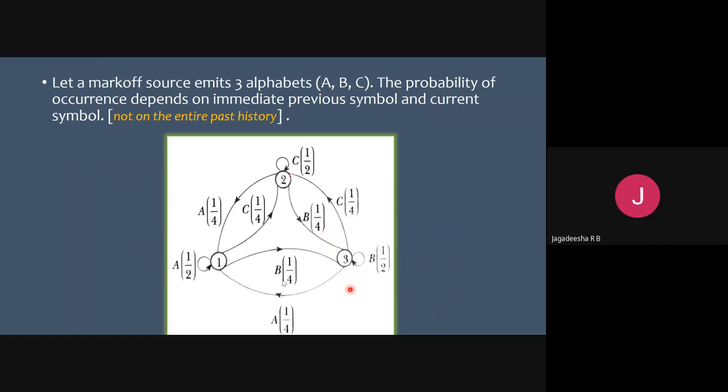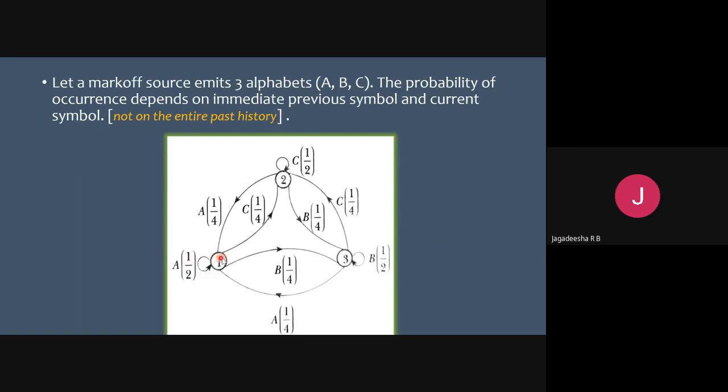We will analyze one by one. If currently the source is in state 1 and it emits A or B or C, then what would happen? In case we assume that it's in state 1 and it emits A, then it emits A with the probability of 1 by 2.